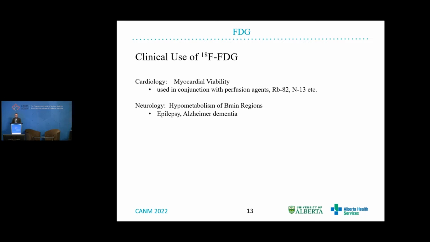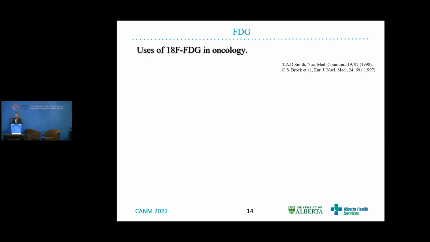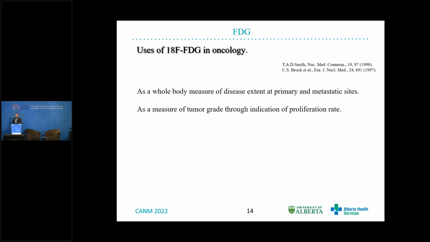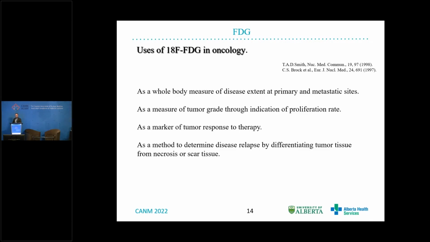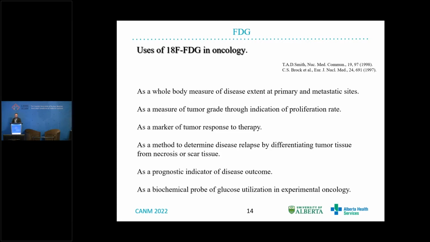So it can be used in oncology as a whole body measure of disease extent at primary and metastatic sites, as a measure of tumor grade through indication of proliferation rate, as a marker of therapy response, and as a method to determine disease relapse by differentiating tumor tissue from necrosis or scar tissue. It can also be a prognostic indicator of disease outcome or as a biochemical probe of glucose utilization in experimental oncology.